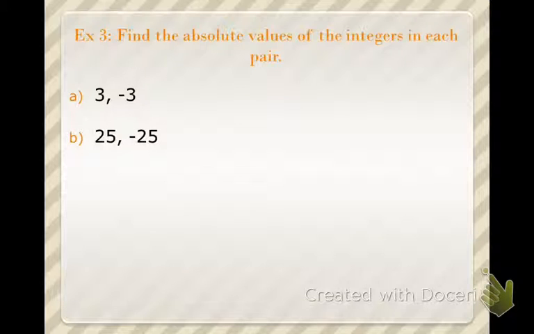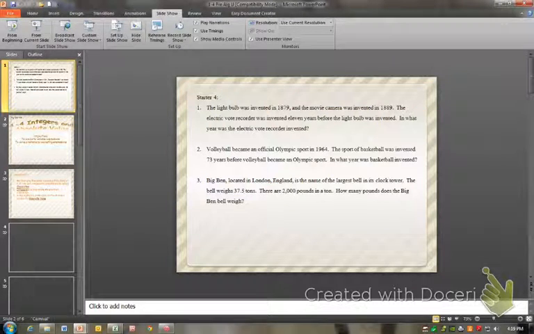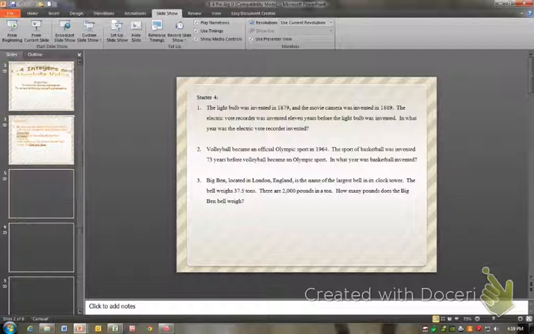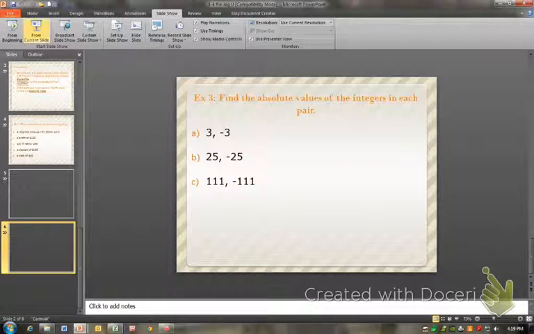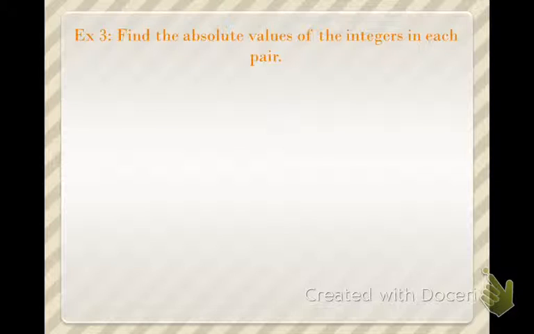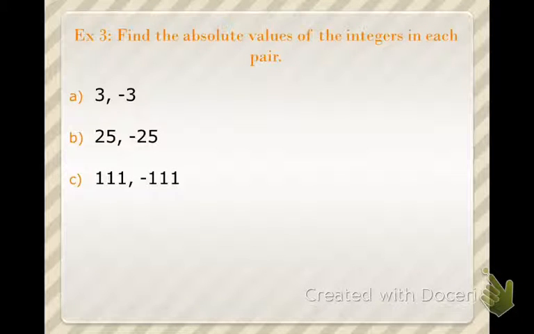Okay, example 3. Find the absolute values of the integers in each pair. You are going to have 2 answers for this. What you're going to do is pretend it has the absolute value sign.